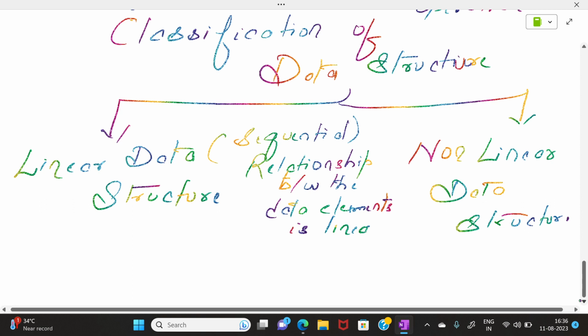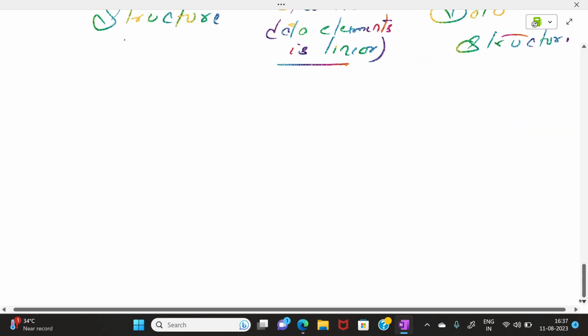That is why it is linear data structure. And when we talk about non-linear data structure, it is non-sequential, you can say.